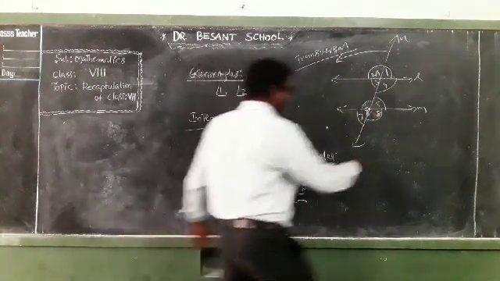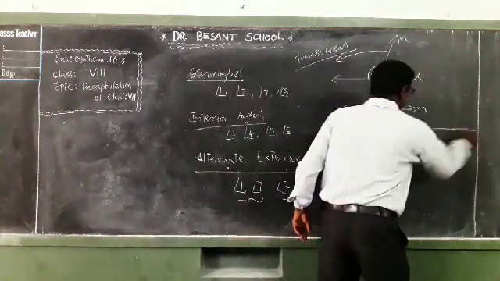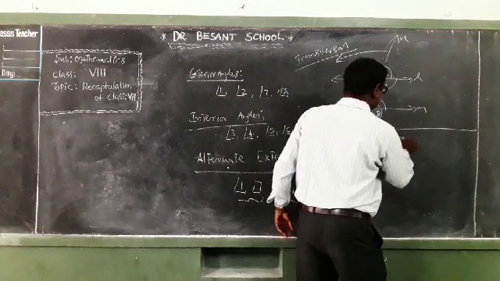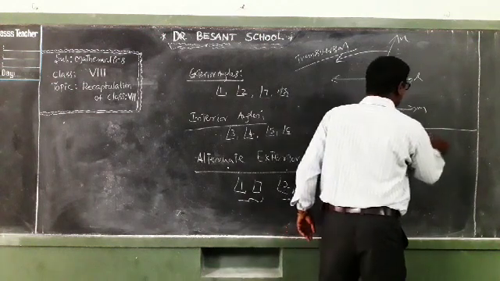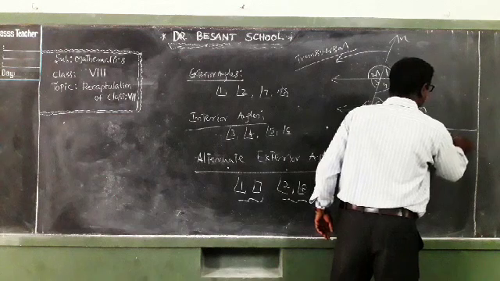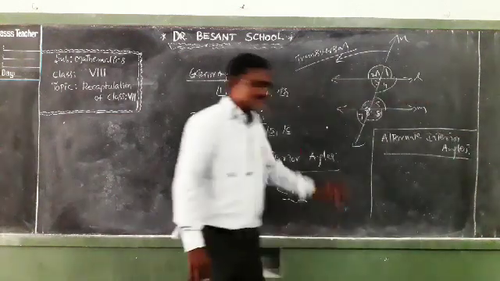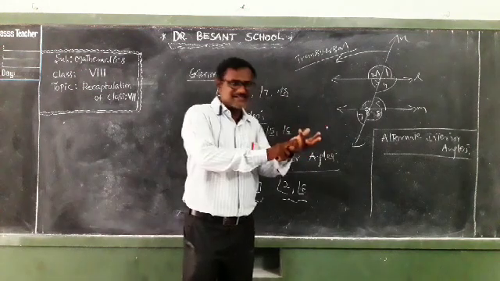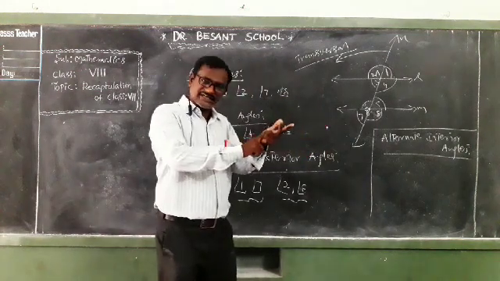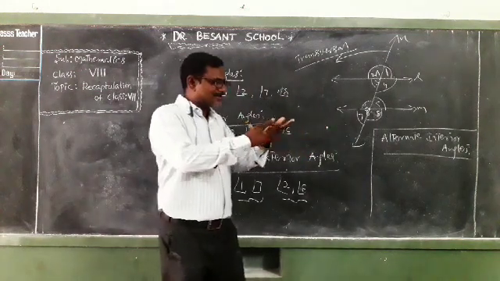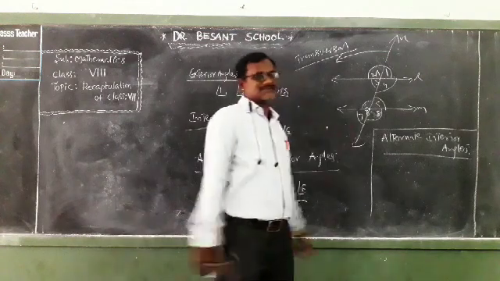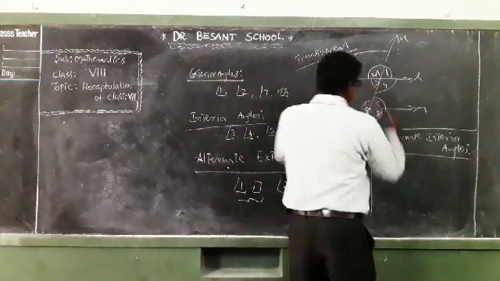Next we have learned alternate interior angles. Alternate interior angles: first, they must be interior and not adjacent, meaning not side by side, and they must be on opposite sides of the transversal.